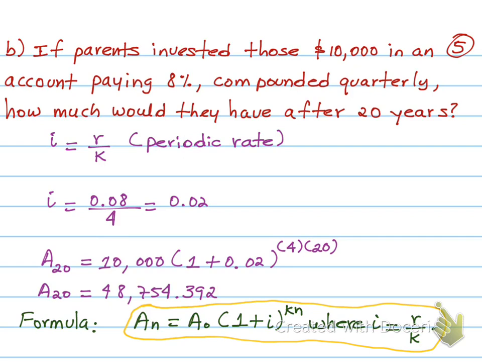In this case we need to get first the periodic rate. So that's I is equal to R over K. R is the interest rate. K is the period.